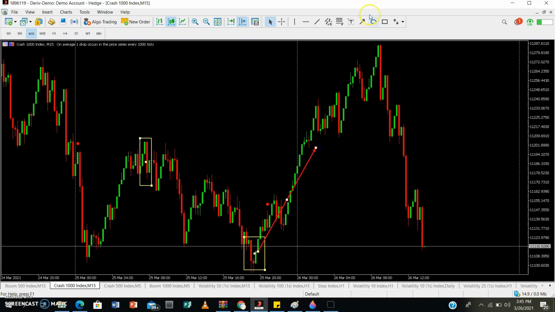At the same time, we're coming from a downtrend, right? So the morning star should appear at the bottom of a downtrend, which it did, and then it went up. This is Crash 1000. We would have maximized this if we knew about the morning star, right?